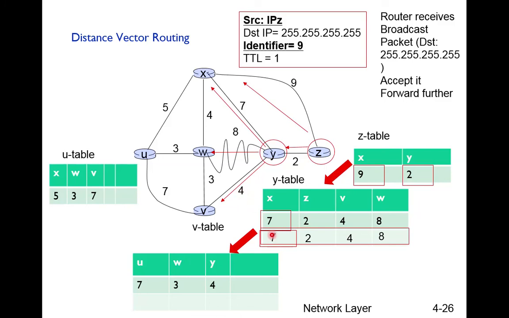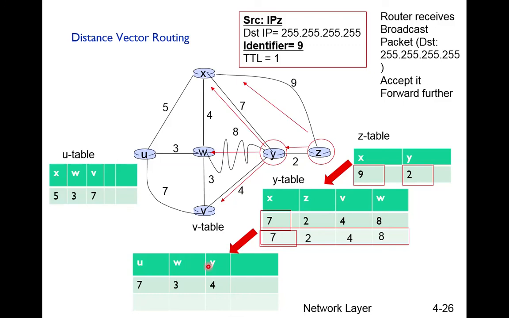So 4 plus 7 becomes 11. Presently the v table doesn't have an entry for x. v doesn't know about the x node. But when this table is shared by y with v, then v comes to know about x. So this is the new information.